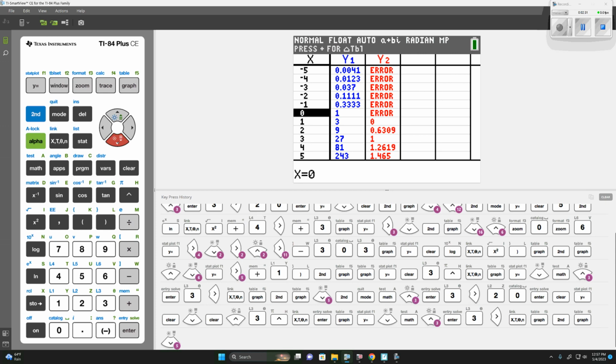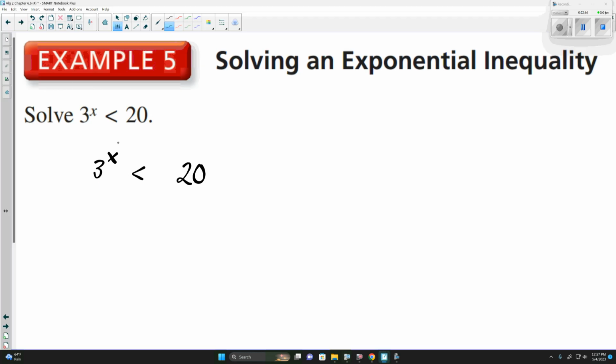We cannot have 0 or a negative number inside the logarithm. And we've talked about that before. When we talk about solving inequalities with logarithms, we have to take that into account, and we'll see that when we get there. But with exponents like this here, we don't have any restrictions on the domain, or on the values of x that we can have.